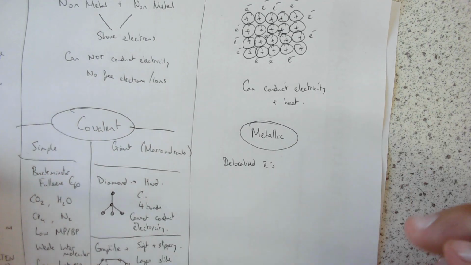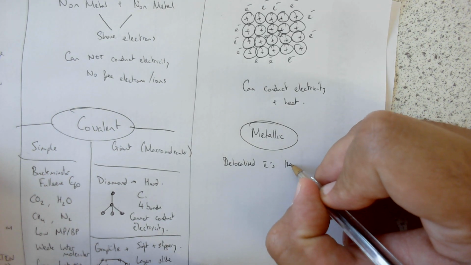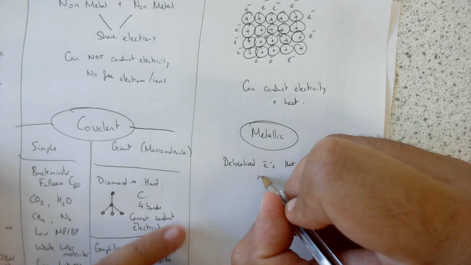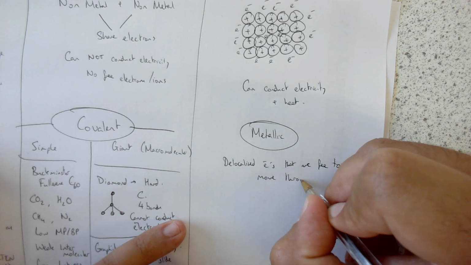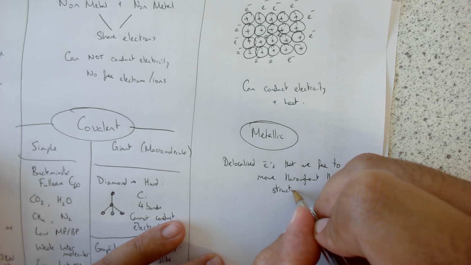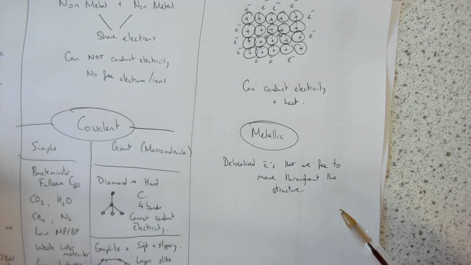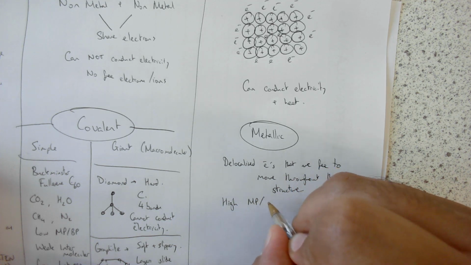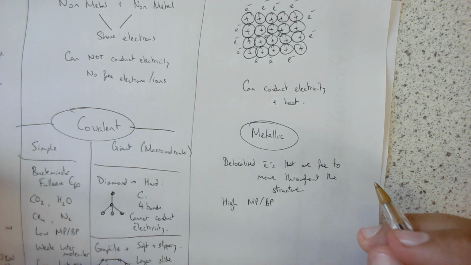Because they've got delocalized electrons that are free to move throughout the structure. And this is something that I've seen in mark schemes more and more nowadays, throughout the structure. So not just delocalized electrons that are free to move, but delocalized electrons that are free to move around the structure. They have also got high melting points and boiling points.